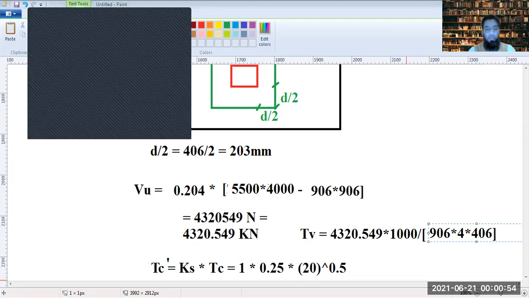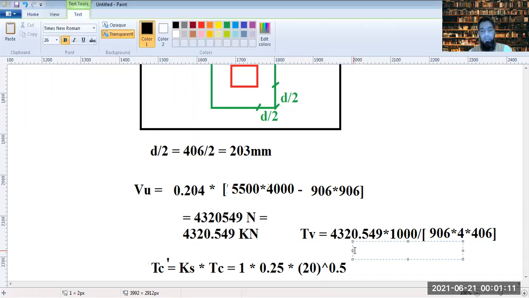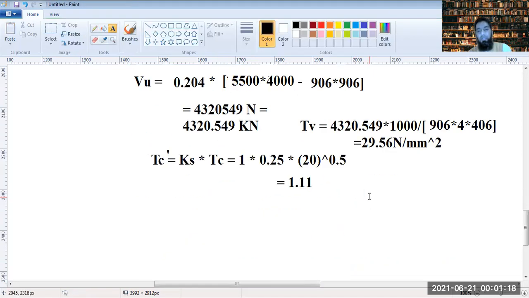So this value one is getting as 0.549 into 10 raised to 3 by 906 divided by 4 divided by 406. It's 29.56 Newton per mm square, which is far greater than what is available to us.